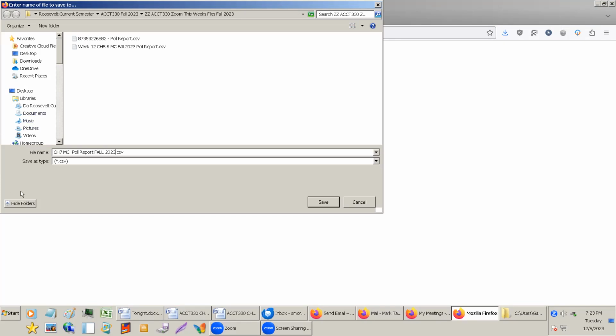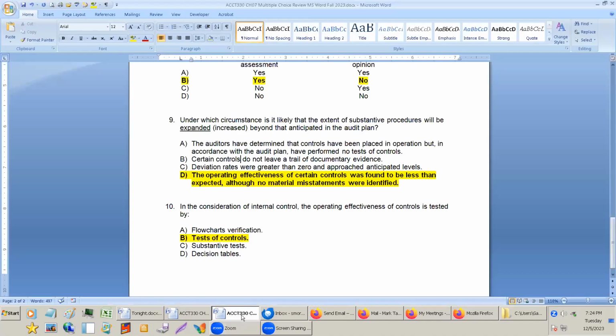Oh, I know what I need. I was going to tell you guys. I've got a blank screen here. Okay.